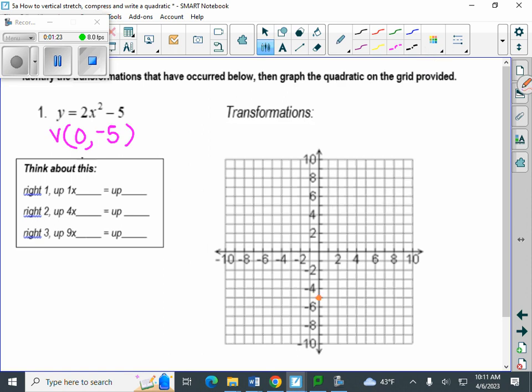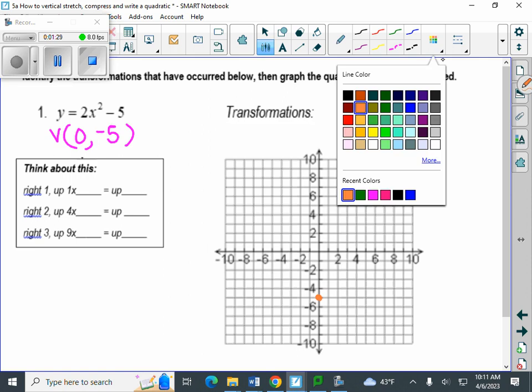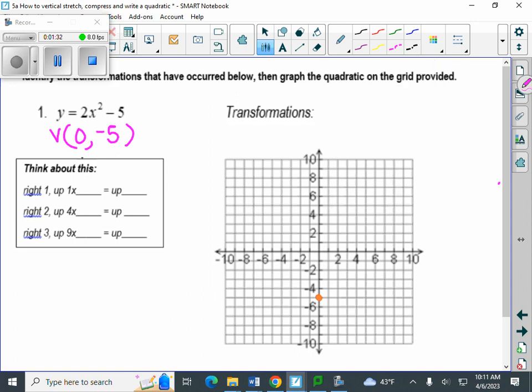and I'll just graph that real quick over here. 0, -5. But we have to identify what the transformations of this graph are. And in general, when we read a graph, we read it from left to right. So the first transformation is coming from the 2.